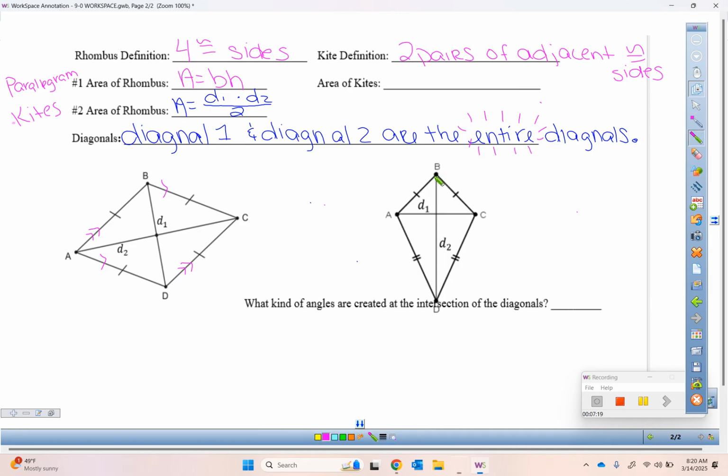If you remember back to the kite, we have a congruent side here and a congruent side here, and they are touching. And then we have this side that is congruent and this side that is congruent. They are touching, making them adjacent. So I have a pair of congruent sides here that are adjacent, and a pair that are congruent here that are adjacent.